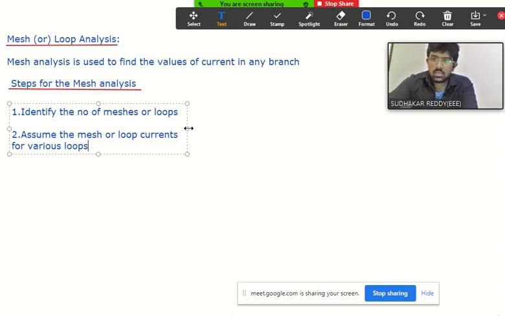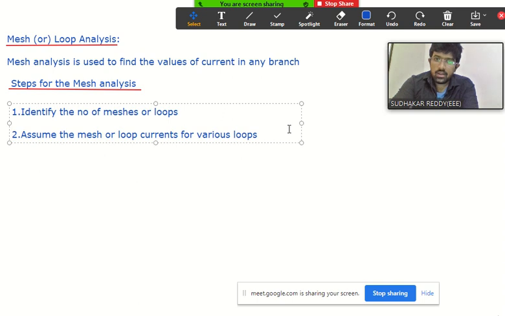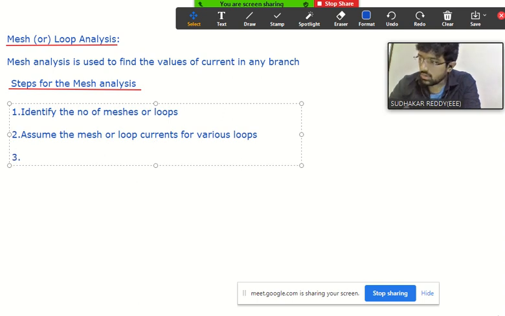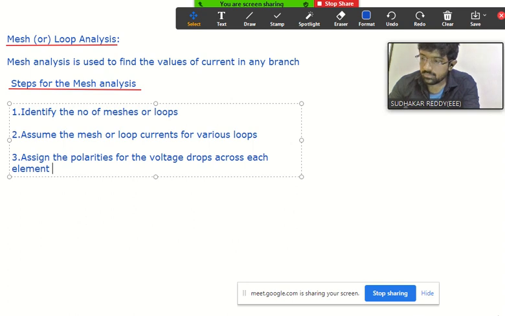What is the third step? It's polarity. Assign the polarities for the voltage drops across each element due to assumed loop currents.